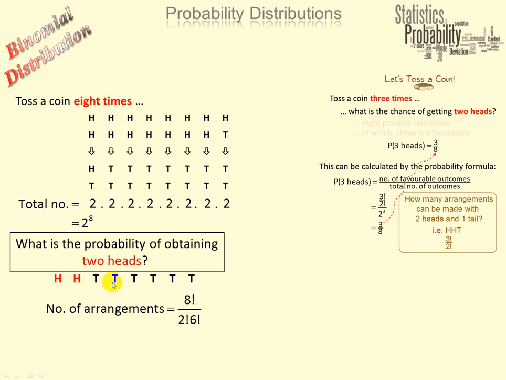Head, head, tail, tail, tail, tail, tail, tail. But then we've got to say, well, there are a number of arrangements of those. There are 8 factorial over 2 factorial, 6 factorial. So this number of these satisfy this requirement. So therefore, the probability of 2 heads is that number of arrangements divided by total number.